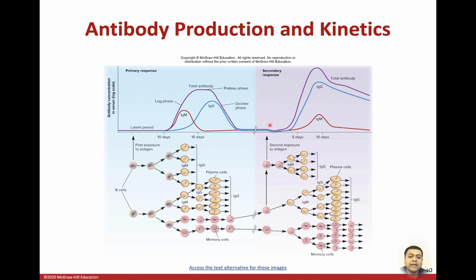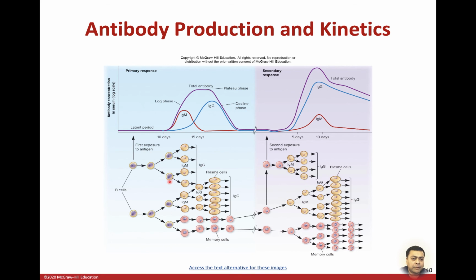If you have a second antigen exposure, see that immediately, super rapidly, IgG is produced first, and then IgM to some extent. This is the very important part: the kinetics of IgM and IgG completely switch. IgG, which is the highest amount of antibody present in your serum, is produced as a rapid response, and this IgG will stop the infection from going farther.